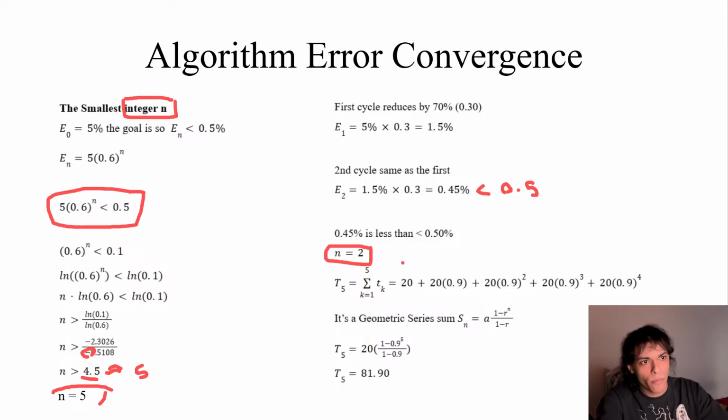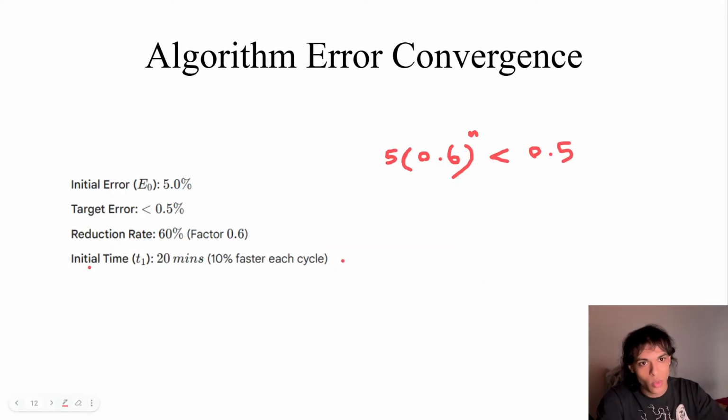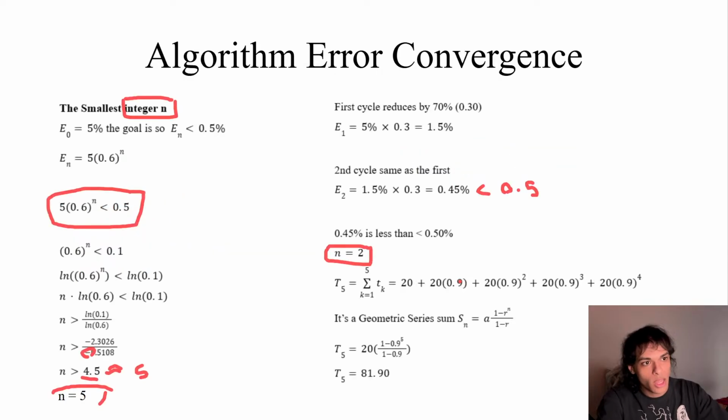And so next we need to calculate the time. The initial time is 20 minutes, but 10% faster each cycle, okay? At each of these 5 cycles, we get 10% faster. That's how the time works. So 20 times 5 would be 100 minutes.